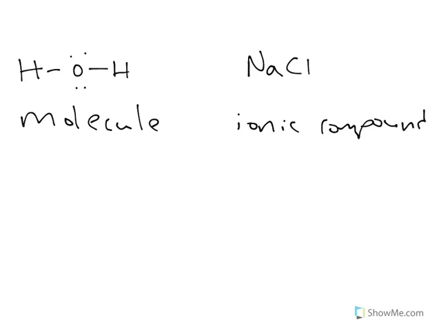The sodium and chlorine atoms are held together through electrostatic forces, which is basically a fancy way of saying the Na pluses are coordinated to the Cl minuses, and that's the electrostatic force that's holding them together. But it's a lattice-like structure, all right? And what I mean by that is it's not discrete. So we'll get into this later when we talk about solid structures.